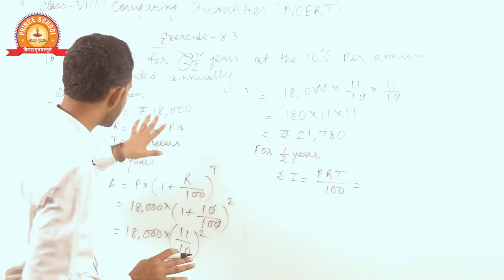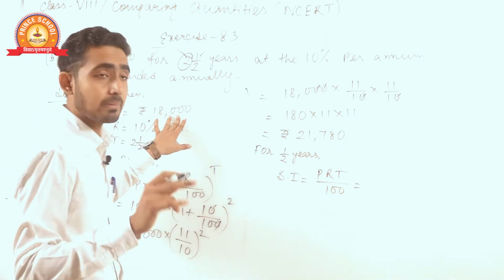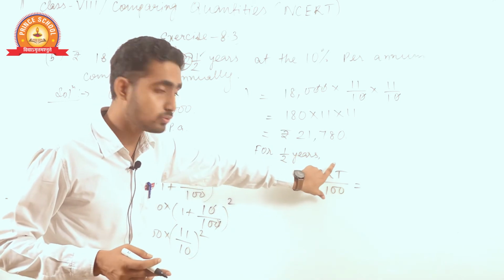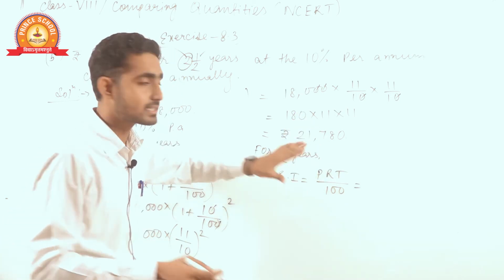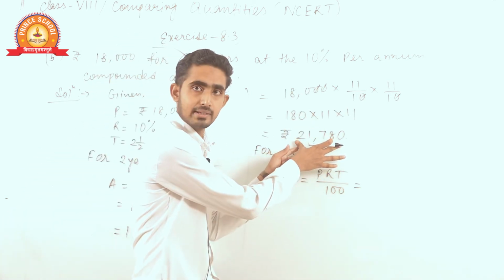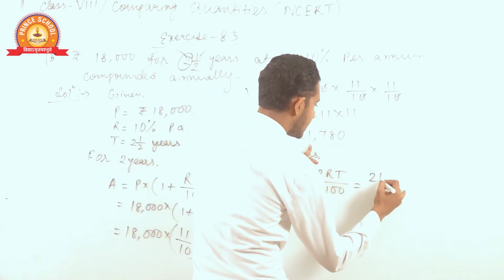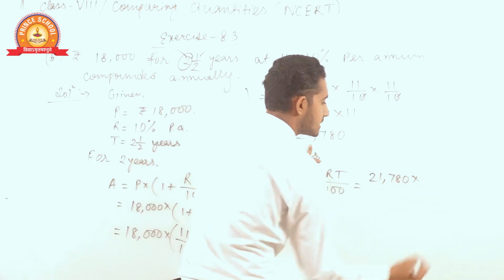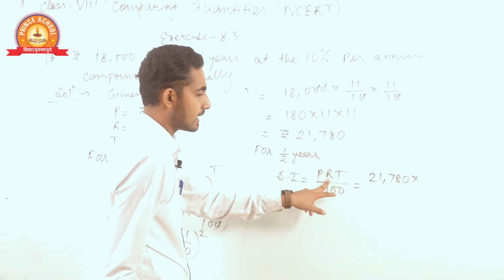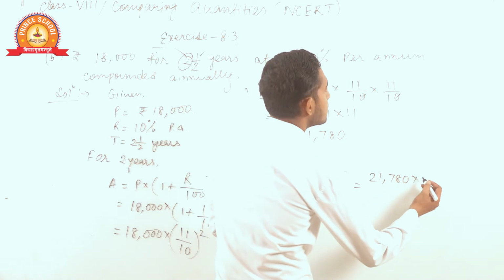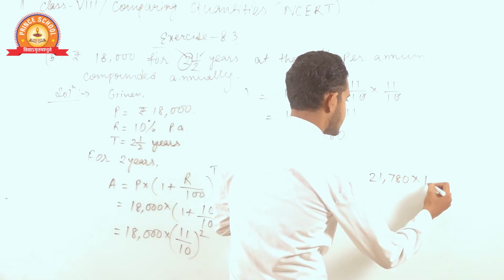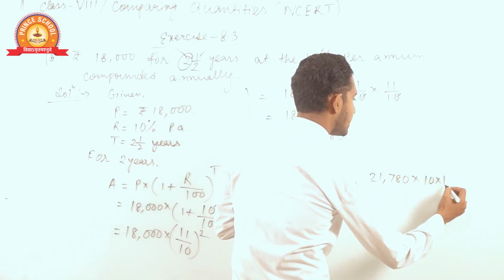No, this is not your principal. Remember, it is asked after 2 years, we are finding after 2 years. So for after 2 years, your amount will convert into the principal. That means this is your 21,780, that is your principal. Okay. R how many? R is equal to, that is your 10% and T is equal to 1 upon 2.